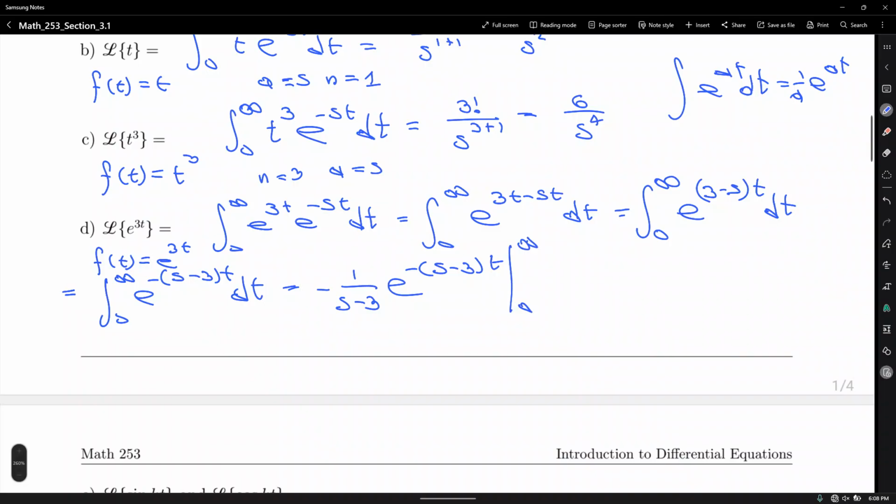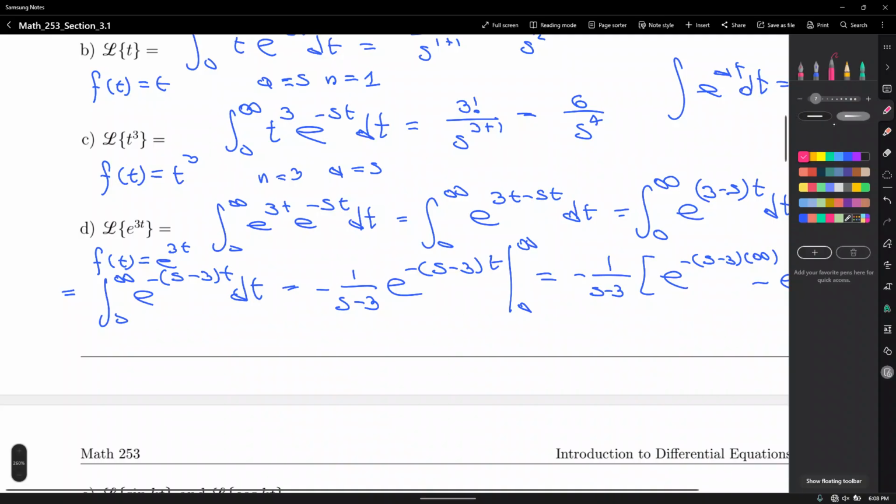Okay. So what's this? Upper limit minus lower limit. And again, I'm just going to use upper limit minus lower limit without setting the limit notation here. So 1 over s minus 3 times e to the negative s minus 3 times infinity minus e to the negative s minus 3 times 0.